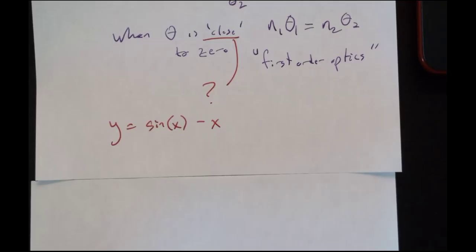What's your tolerance level? 0.1, 0.01, 0.001. How close is close enough? Let's go with 0.01. I'm going to say I can be off by 1%.